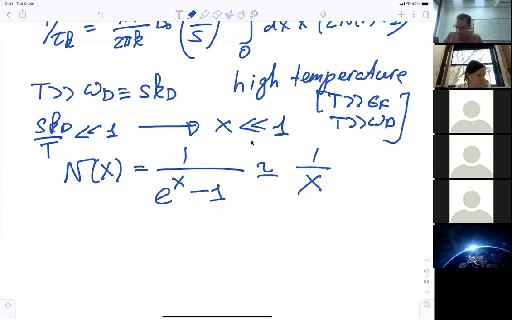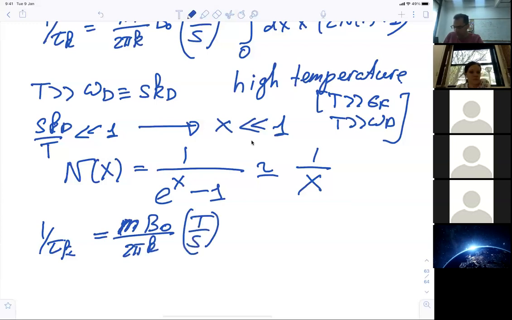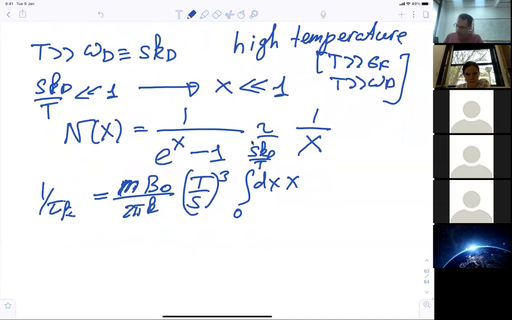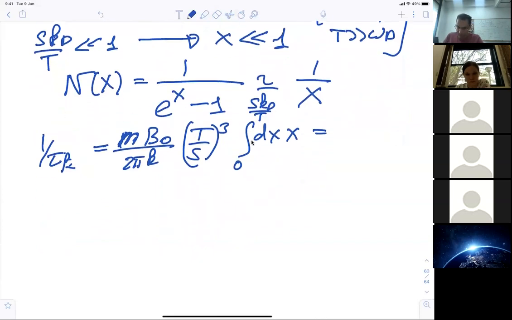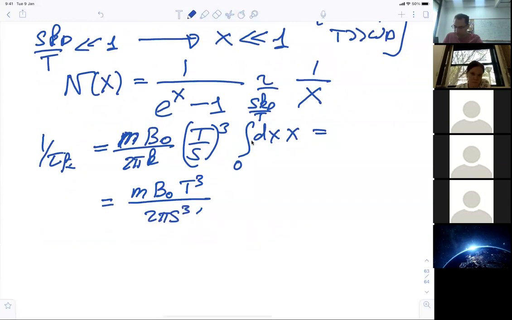And so in this case, we get 1 over tau k is equal to m b0 over 2 pi k, T over s to the power 3, integral from 0 to s k dB over temperature dx times x, and we are computing this integral, and we are getting that this is equal to m b0 T cubed over 2 pi s cubed k, s k dB over temperature squared times 1/2.